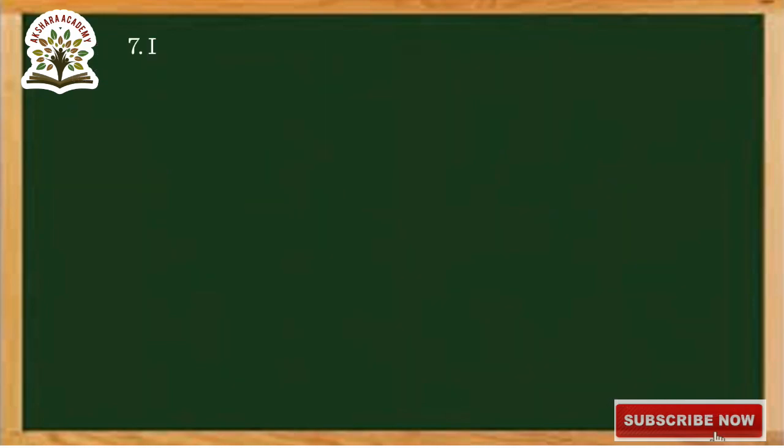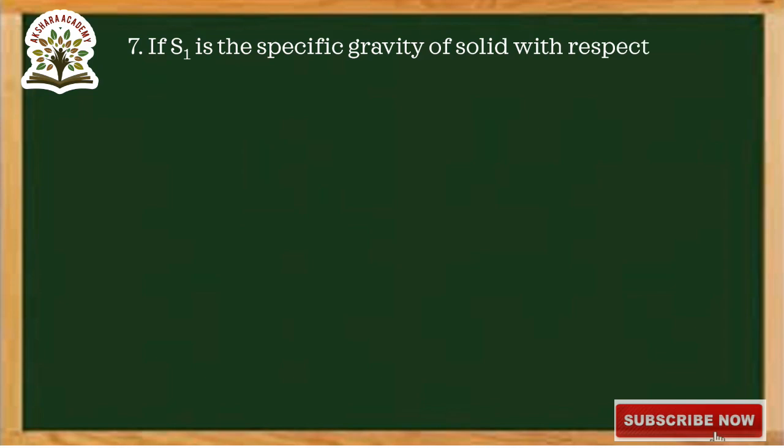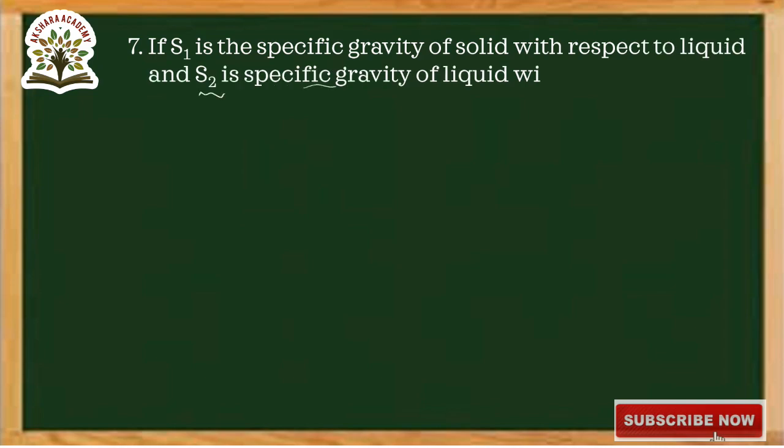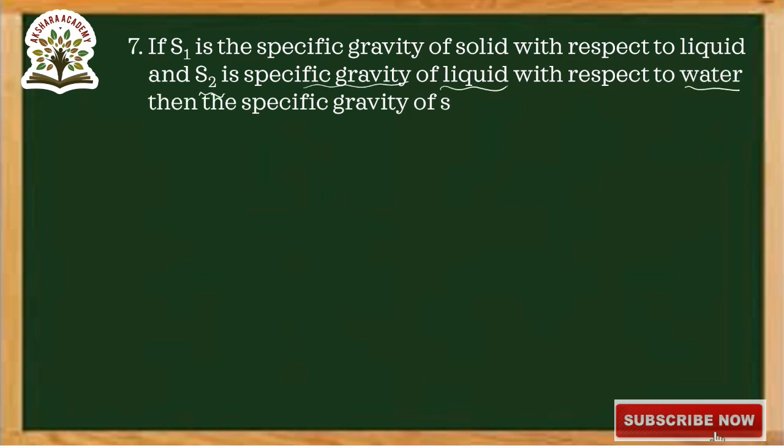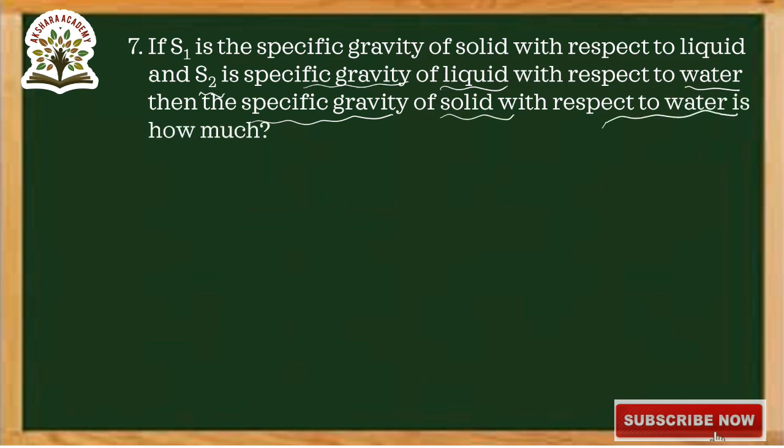Next question, the seventh one. If S1 is the specific gravity of a solid with respect to a liquid and S2 is the specific gravity of the liquid with respect to water, then calculate the specific gravity of the solid with respect to water. So let us go to the solution.